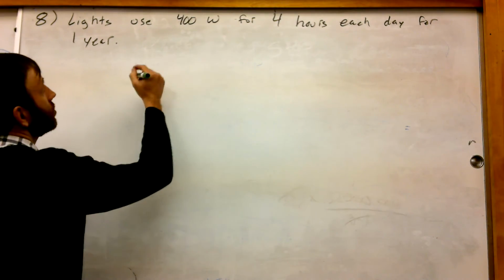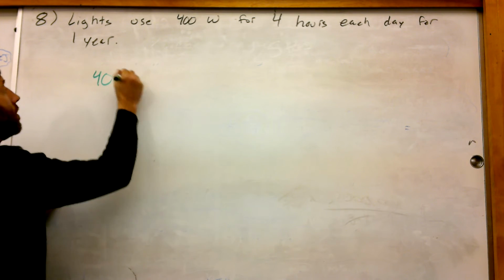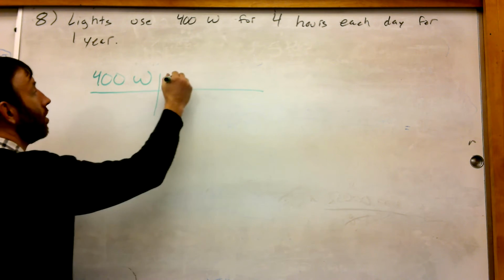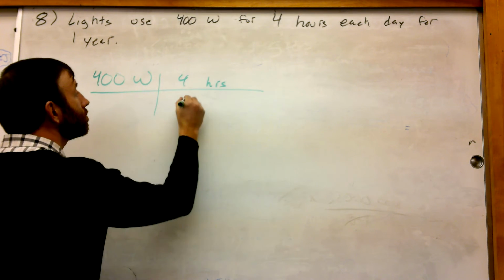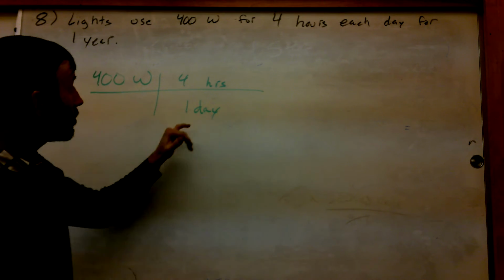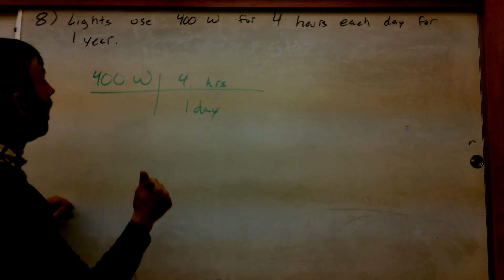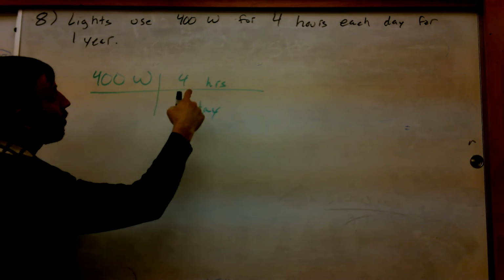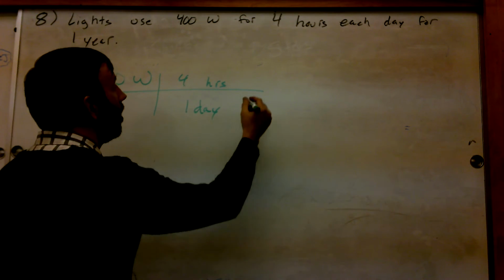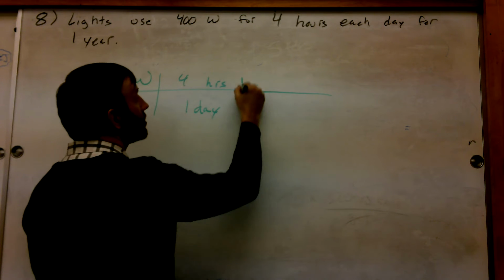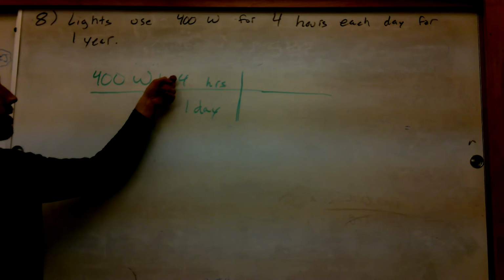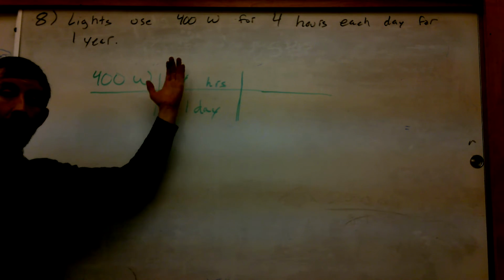So I have 400 watts times 4 hours per day, and what that will give me is watt hours per day. So that's my units, I can't cancel anything just yet, but that does get us started on the right track. So far, 400 times 4, so about 1,600 watt hours per day.